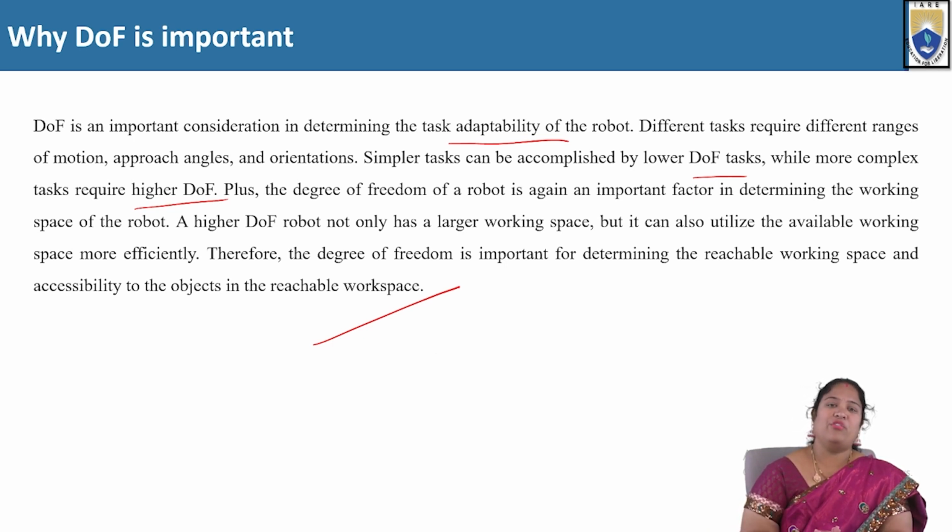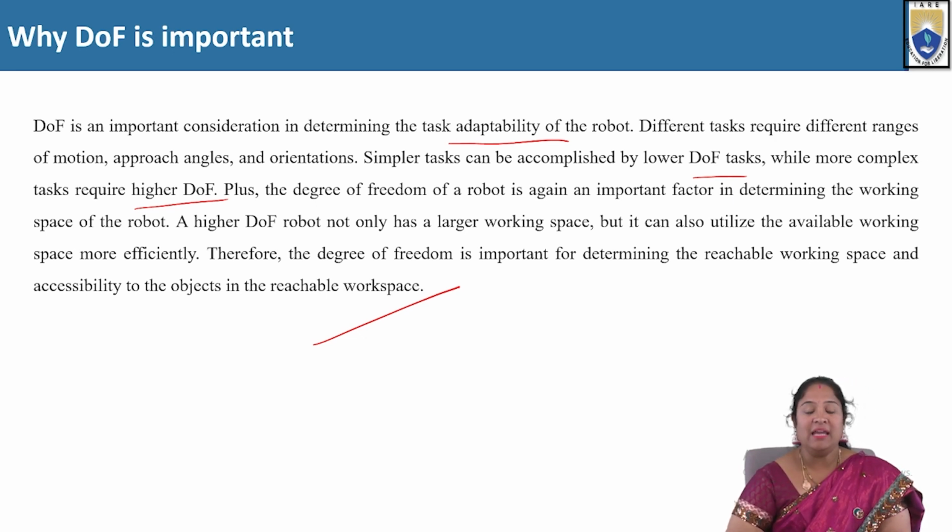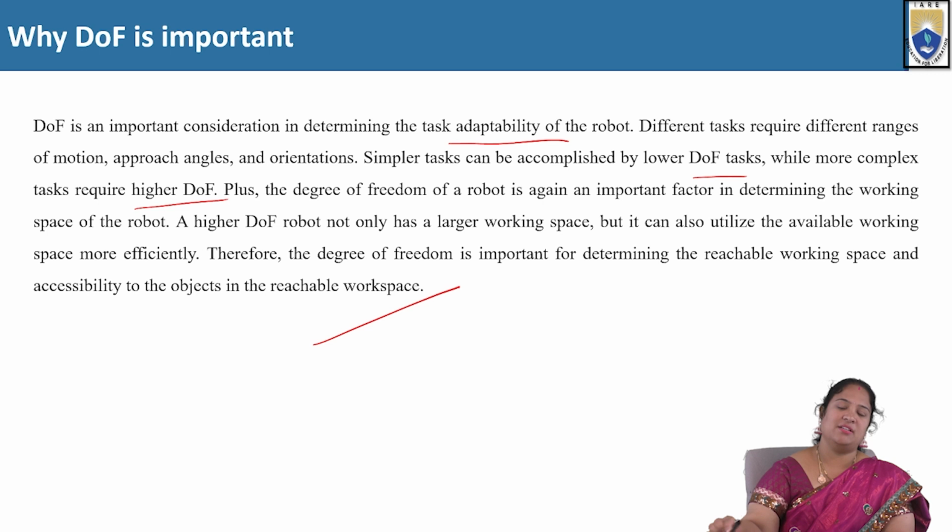That is the movement of the wrist. As I've told you, degree of freedom is nothing but the independent movement of the wrist, which is used to perform the tasks. So when we have smaller tasks, for example picking a pen from one place and moving it to another, that doesn't involve much complexity of movement.